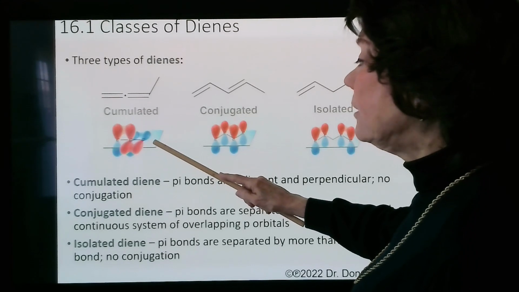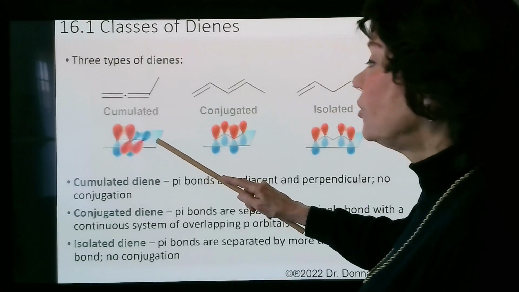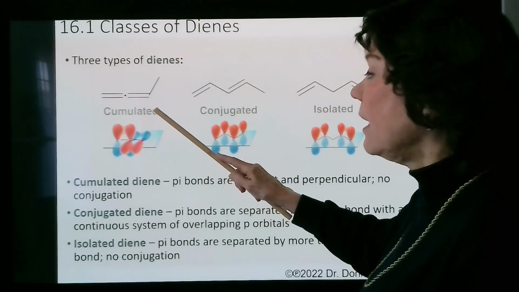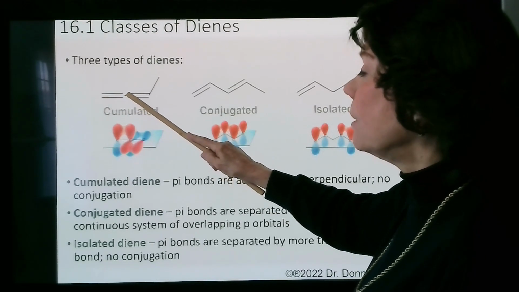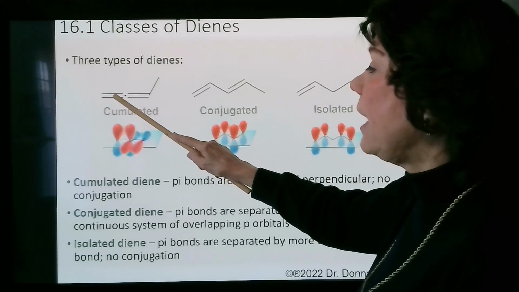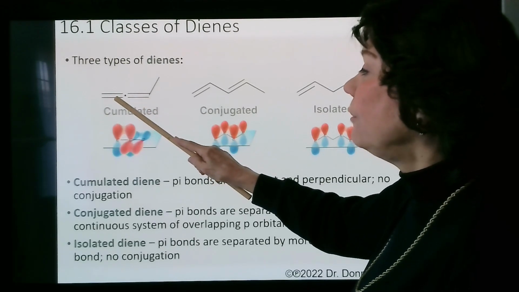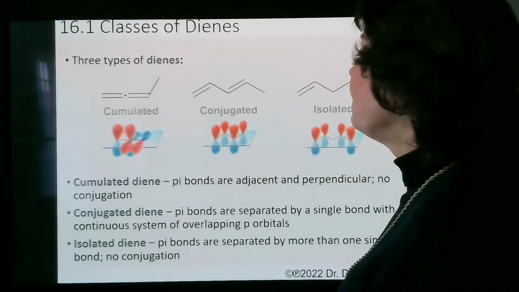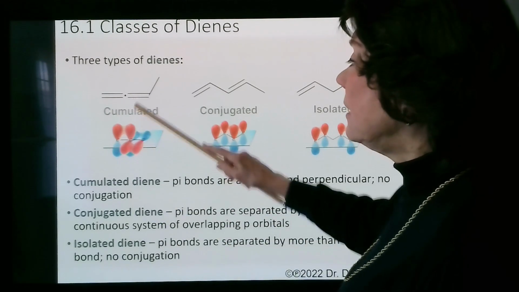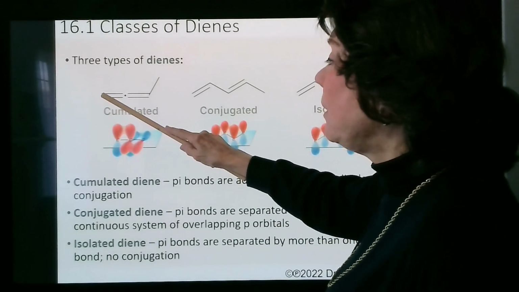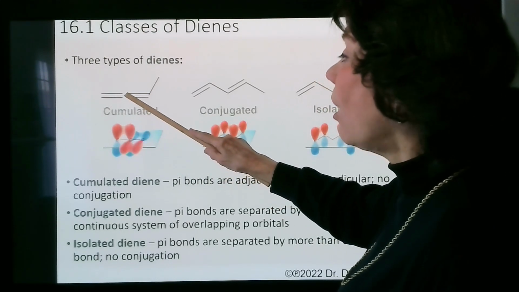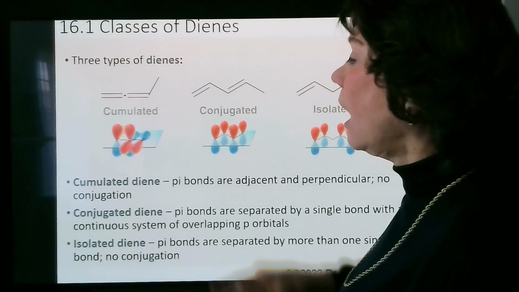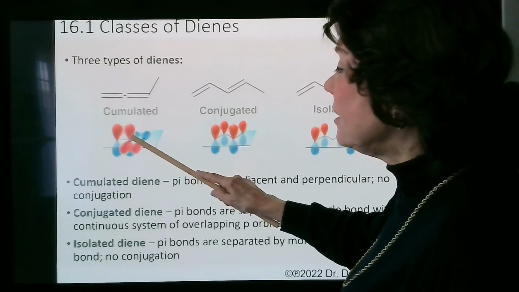Another type, which is not observed quite so often, is the cumulated diene. Here you can see one carbon atom, the one in the middle, is participating in two different pi bonds. So here you have an sp2 hybridized carbon, an sp2 hybridized carbon, and this carbon is not sp2 hybridized. That's this carbon right here.